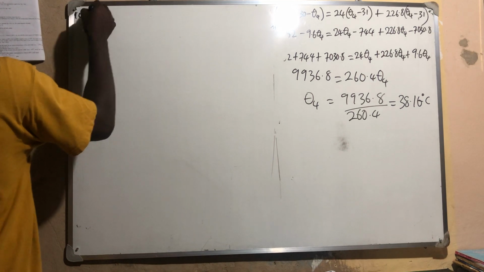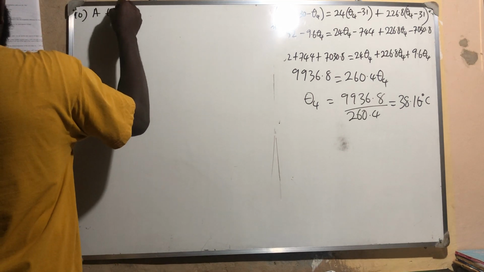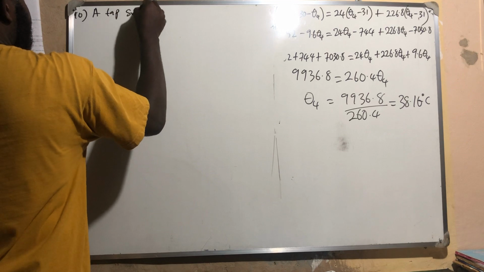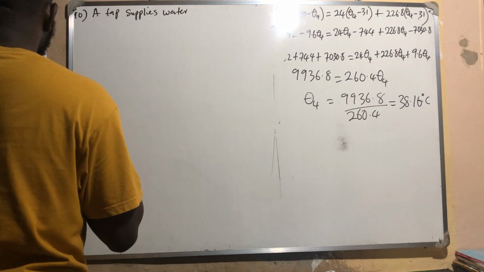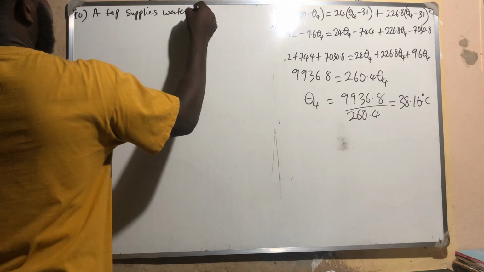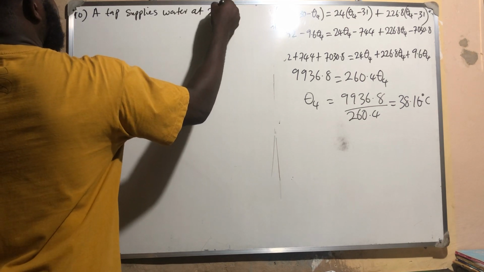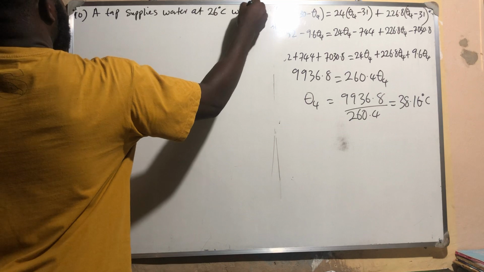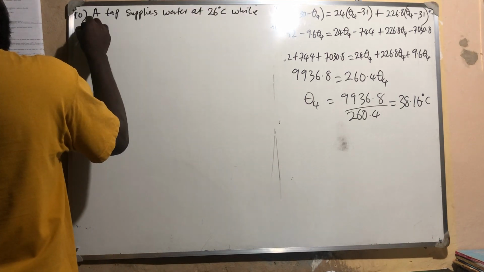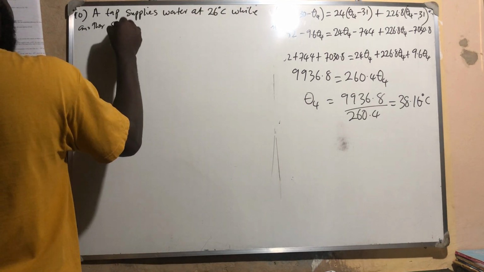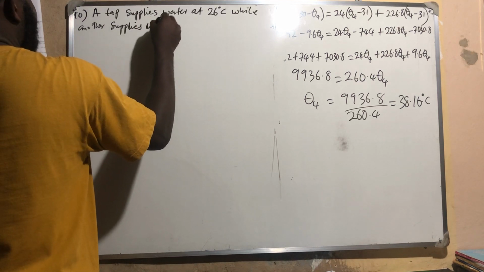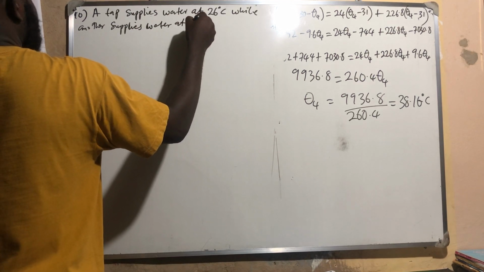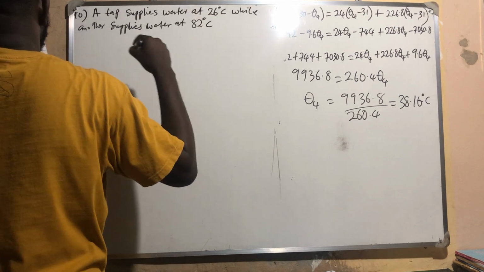Question number 10, we have tried. A tap supplies water at 26 degrees Celsius, while another supplies water at 82 degrees Celsius.